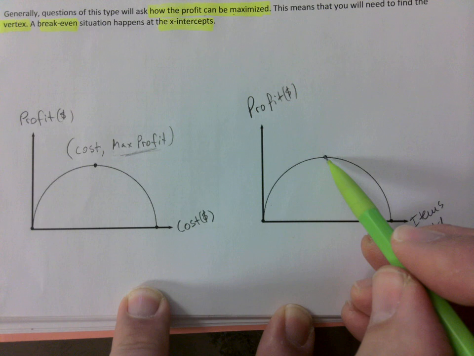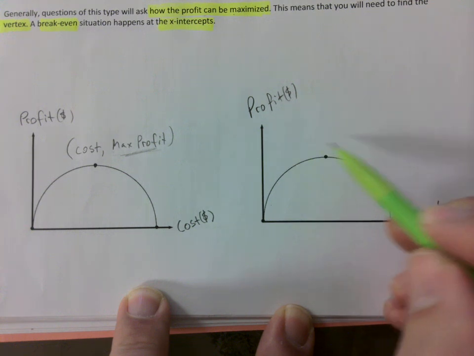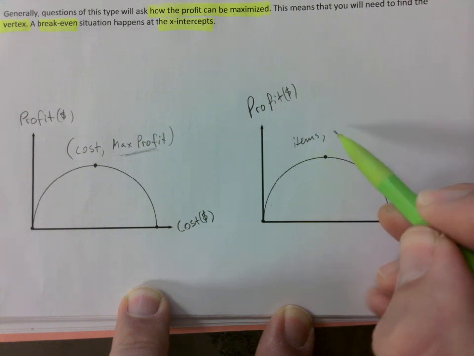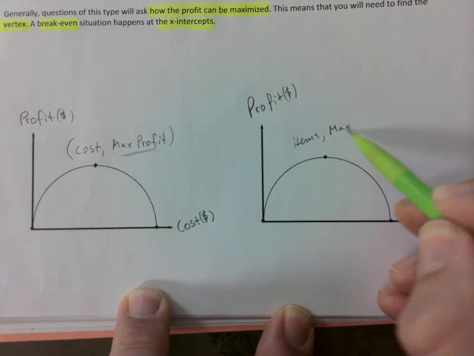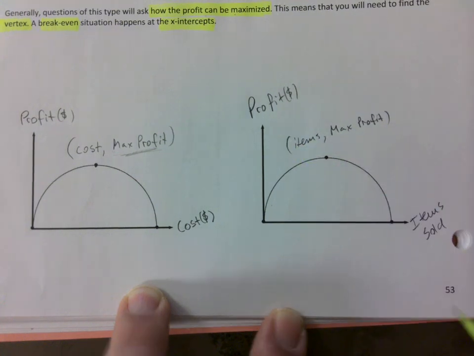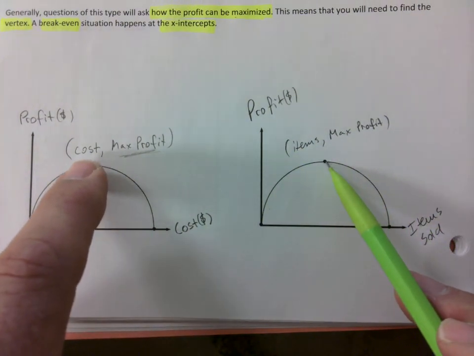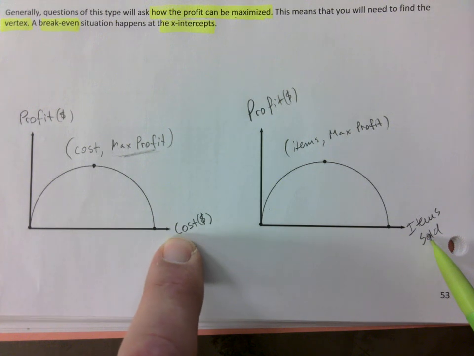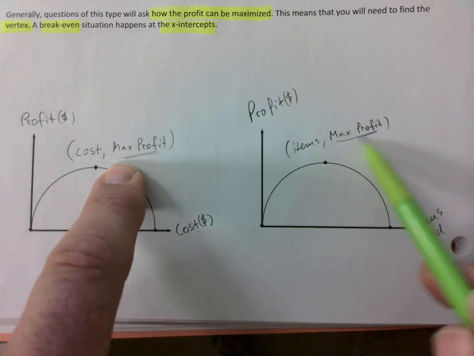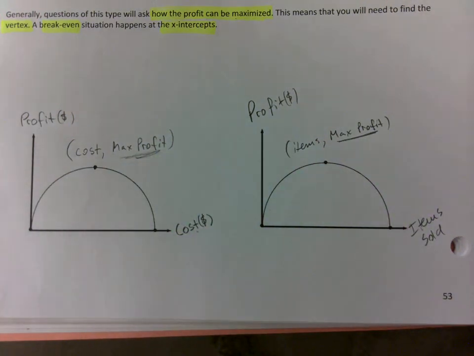So in this case, the vertex is still going to give you the max profit, but it's going to be items sold and the resulting maximum profit that would bring. So either way, whichever one you put into L1, whether it's cost or items, you're still going to get the max profit out of both situations.